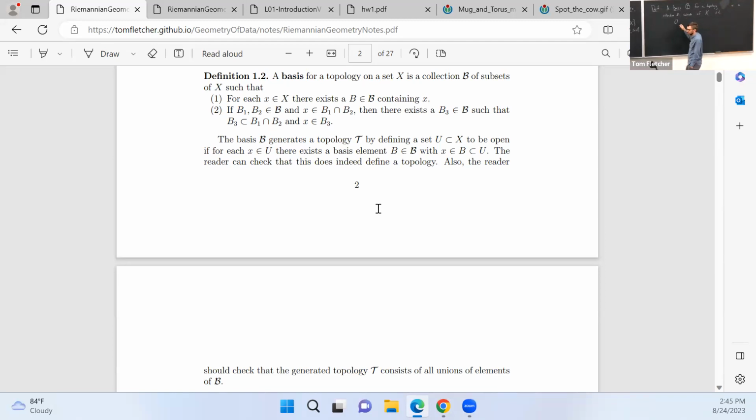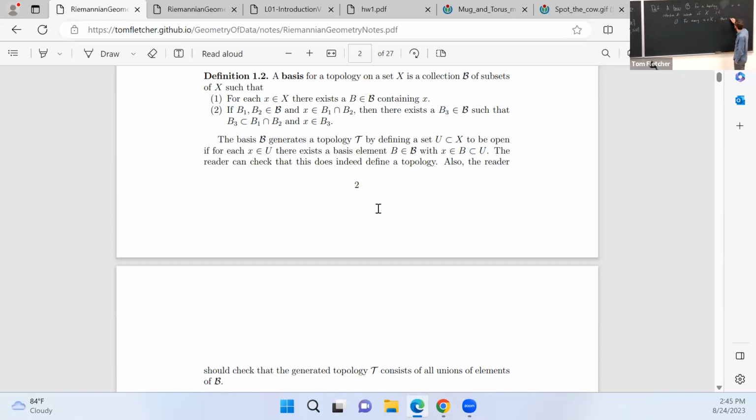Basically, I need two rules. For every point in my set, there exists a basis element that covers it.